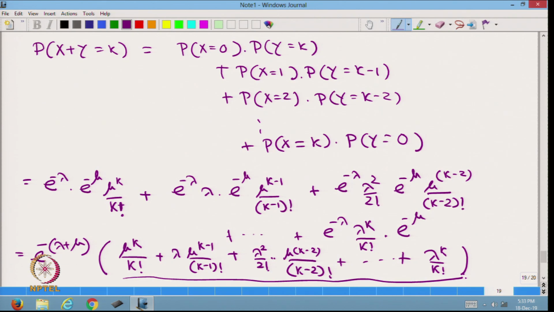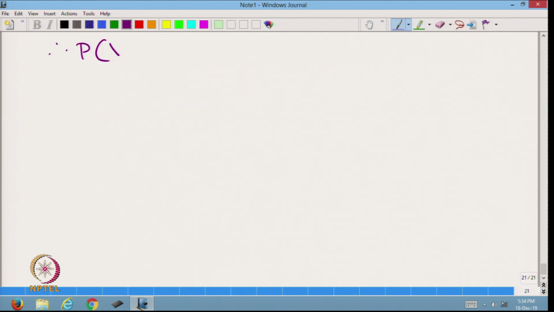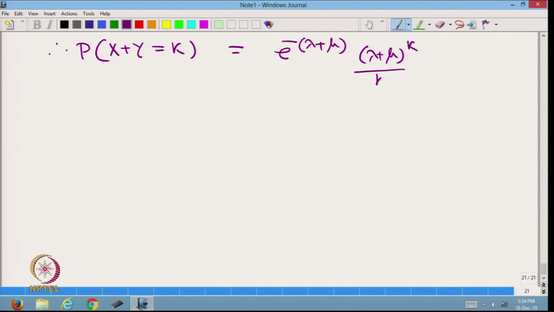Therefore, if we replace it with (lambda plus mu) to the power k upon k factorial, then we get that the probability x plus y is equal to k is nothing but e to the power minus (lambda plus mu) to the power k upon factorial k.